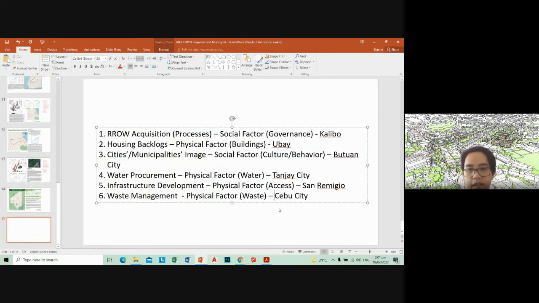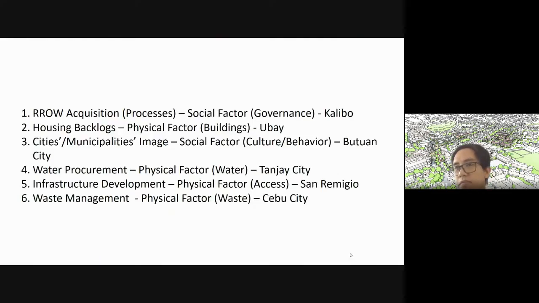Okay. So already some ideas I'm thinking of is we can use the point function in QGIS to identify locations of quality housing, locations for possible new landmark buildings for Butuan, possible sources of water for Tanjay City.